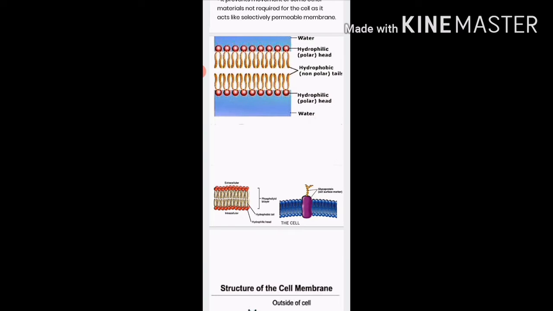So that makes one molecule. You can see two layers of molecules, just like a sandwich, where the red color head portion, that is the polar head, is hydrophilic, meaning it is attracted towards water, while the tail portion is hydrophobic, meaning it moves away from the water.